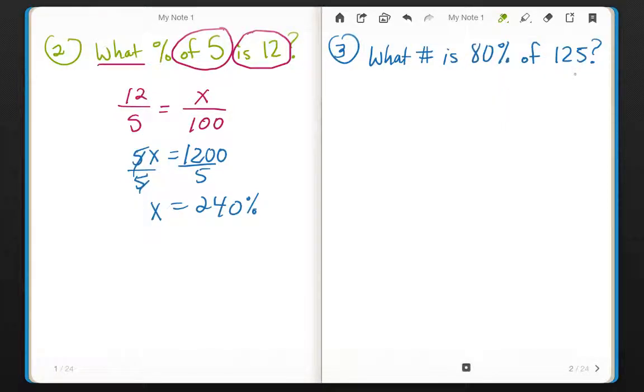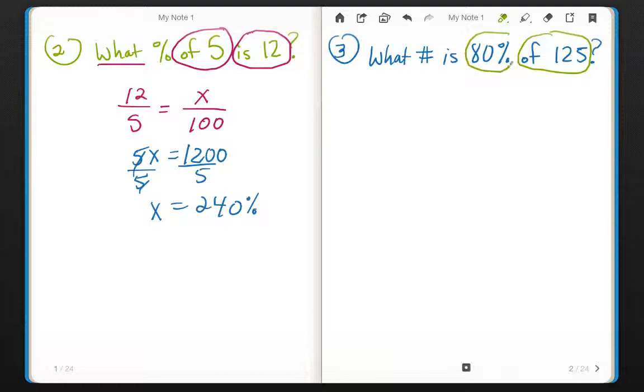What's the 125? The of. Okay, so let's circle it with our of. What's the 80? It says is in front of it, but it's the percent. The number is the percent. Okay, good. It says 80%. So the 80 has to be our percent. It can't be an is or an of.